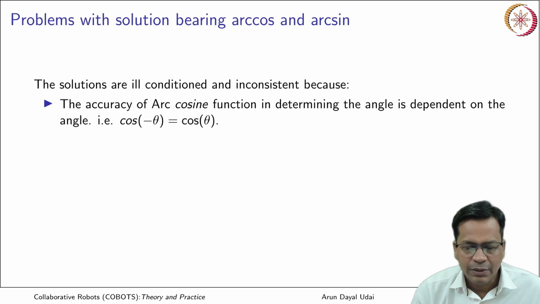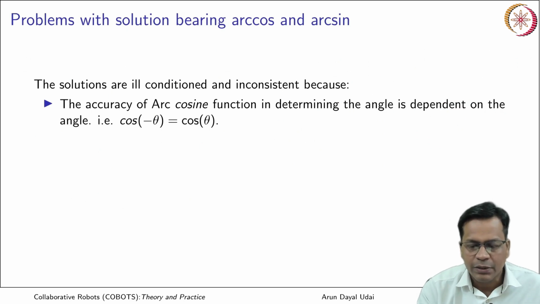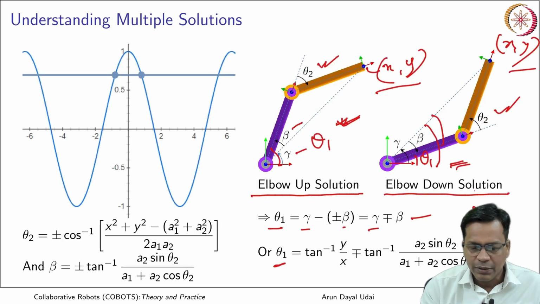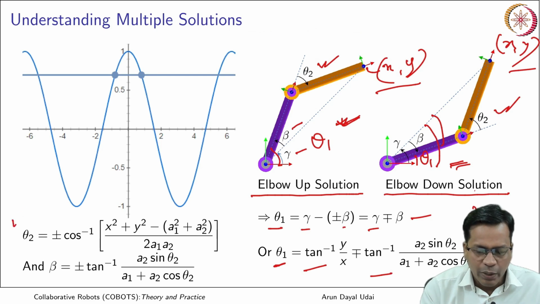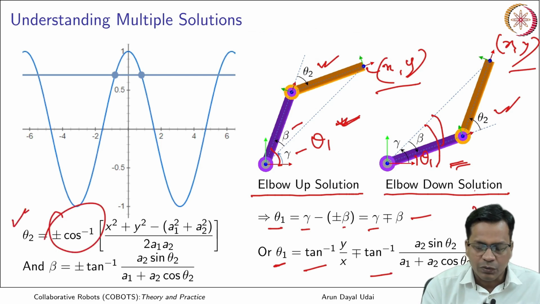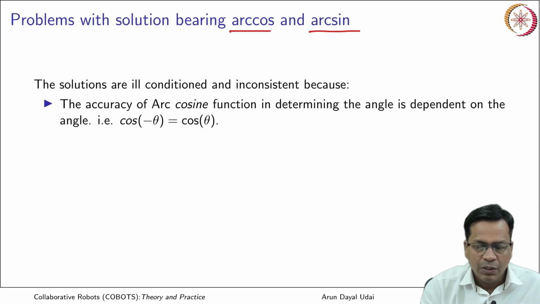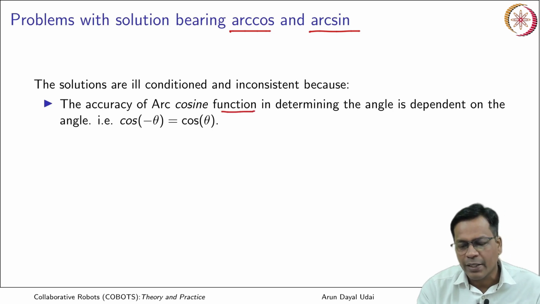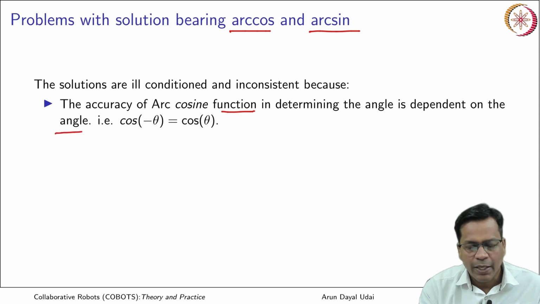Okay. Now let us see some of the problems that arise because of arc cosine and arc sine solutions. So you saw here this one was a tan solution, but theta 2 has a cosine solution. So what is the problem with this? The accuracy of the arc cosine function in determining the angle is dependent on the angle itself.